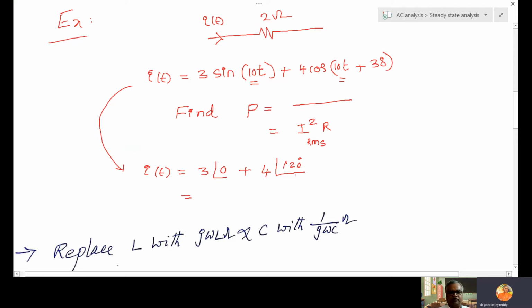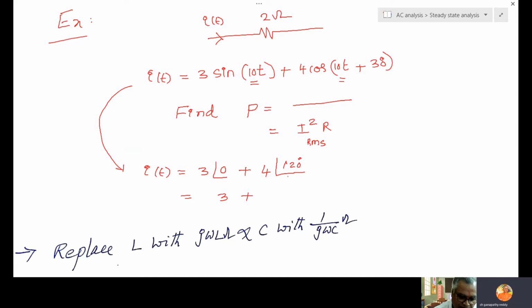3 angle 0 plus 4 angle 120, combine using a calculator: shift rectangular to polar.